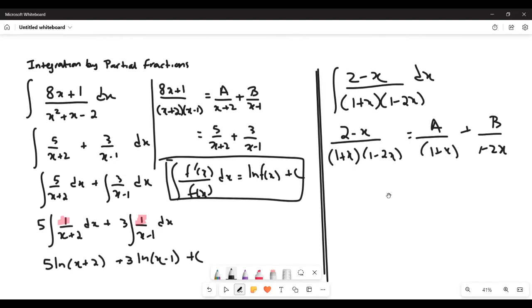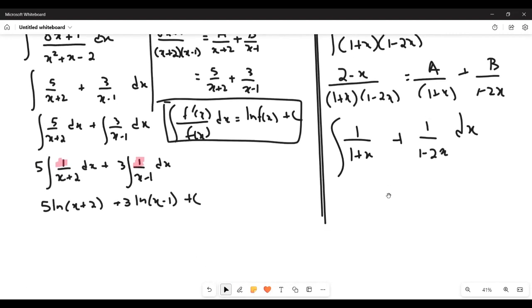We solved this yesterday and we got 1 upon 1 plus x plus 1 over 1 minus 2x. So now we're integrating this. So again, split the integral.